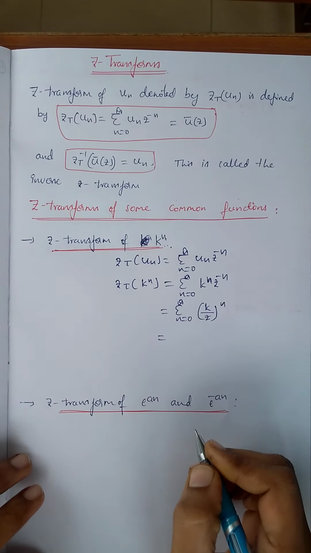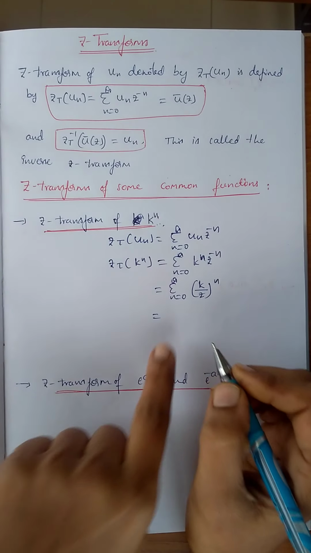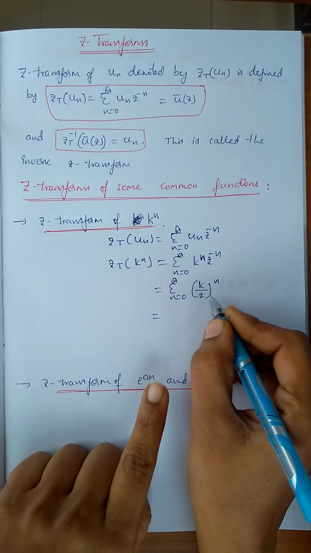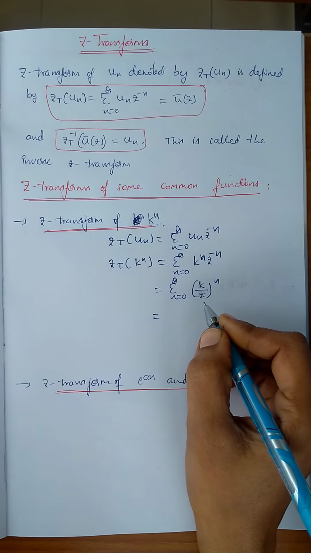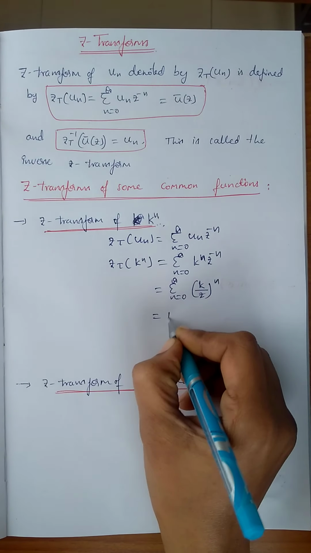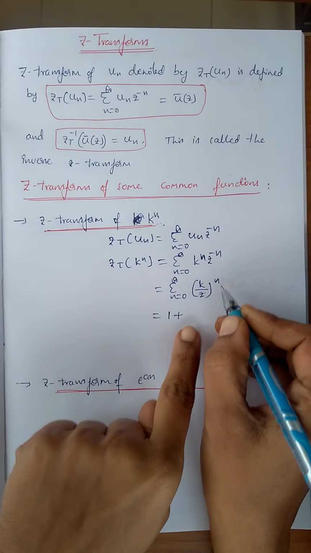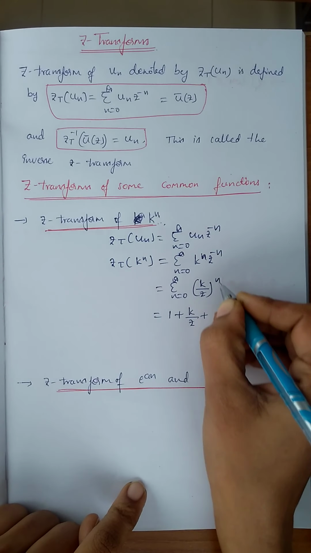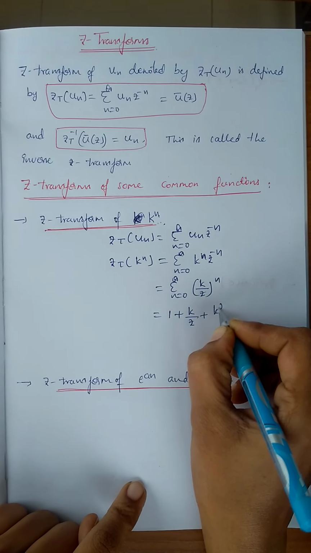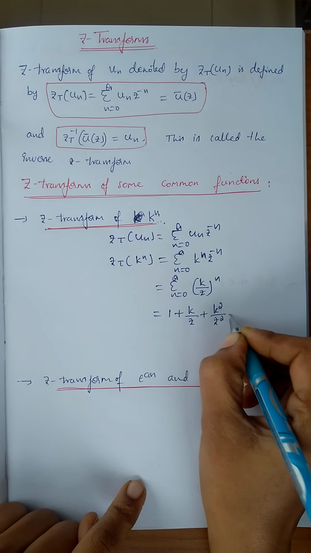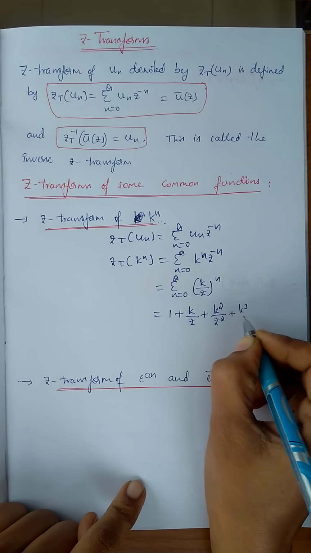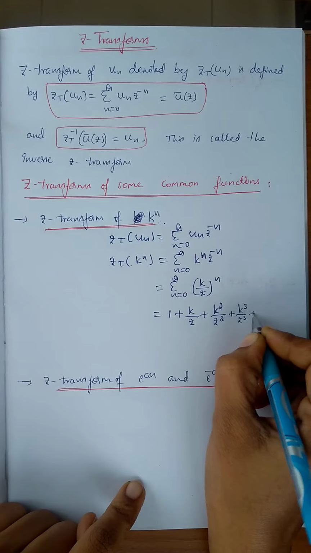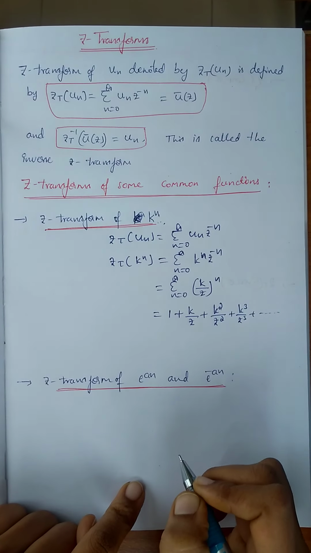Next, expand this summation. If we take n equal to 0, (k by z) to the power of 0, any value to the power of 0 gives 1. Plus, if we take n equal to 1, we get k by z. Plus, if we take n equal to 2, we get k square by z square. If we take n equal to 3, k cube by z cube, and so on. We get an infinite series.